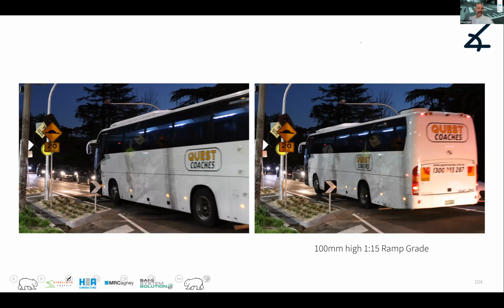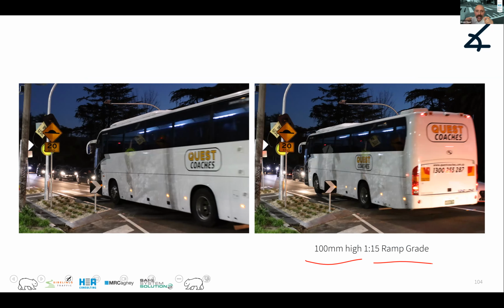Okay, here's a ramp at 100 mil. It's actually the same one that I was showing before. I'll use it again because I've got lots of nice photos of it with a nice new camera. 100 mil high, 1 in 15 ramp grade, and this works very adequately for an area that doesn't have a very frequent bus turnover.